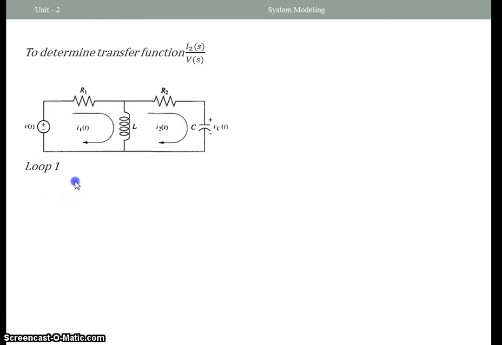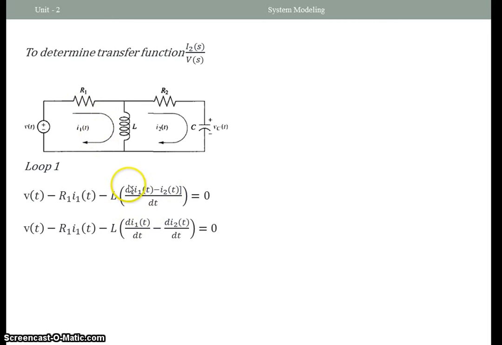So the first loop, if we go around this loop, we will have V of t as the voltage source, and the voltage across R1 will be a drop, and the voltage across the inductor will also be a voltage drop, and the voltage across the inductor will be equal to the inductance times the derivative of the difference in the current through the inductor. When we are in loop 1, it will be I1 minus I2.